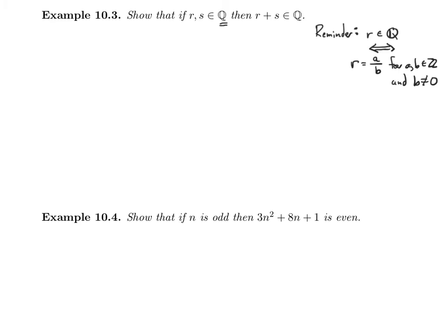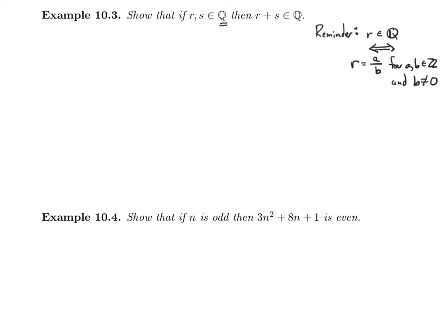So remember that r and s are different rational numbers, so you're going to need different variables to describe them in terms of integer over another integer. So pause the video now and try to do that proof.